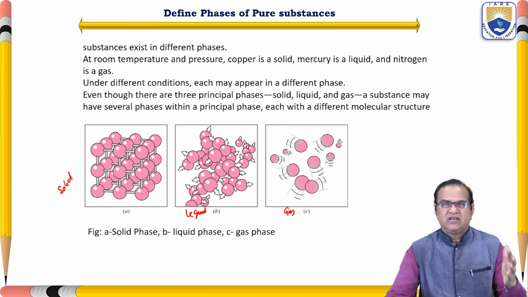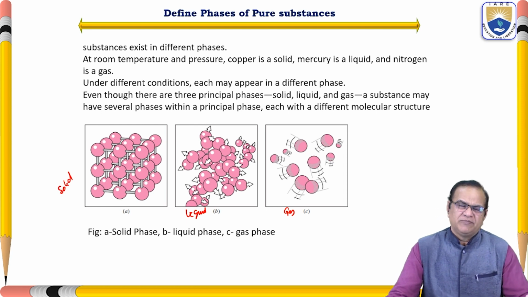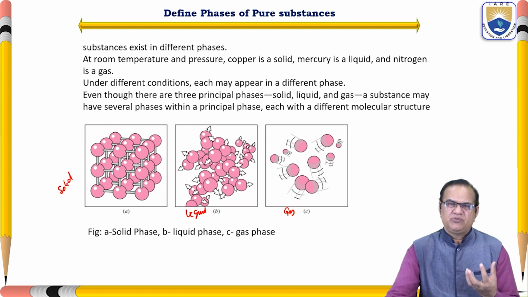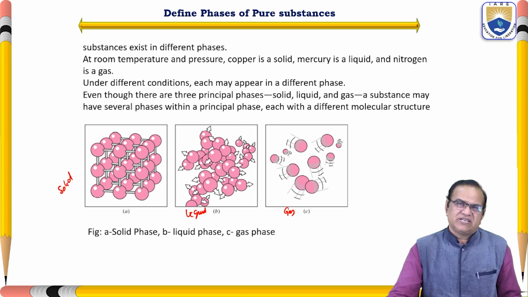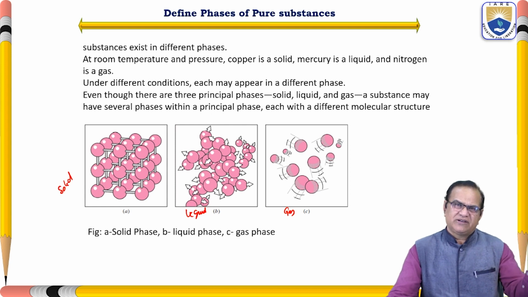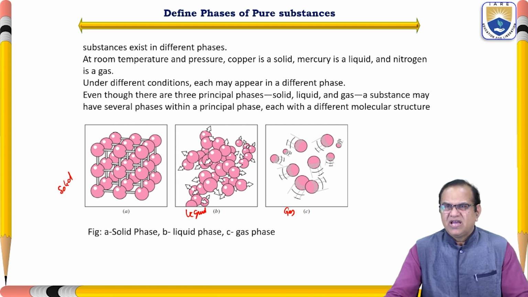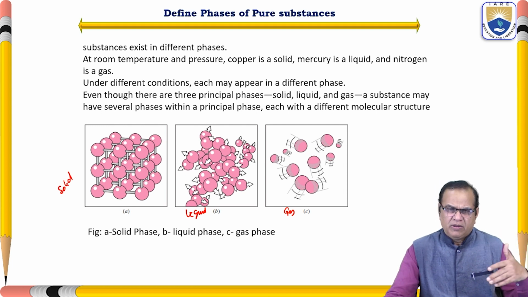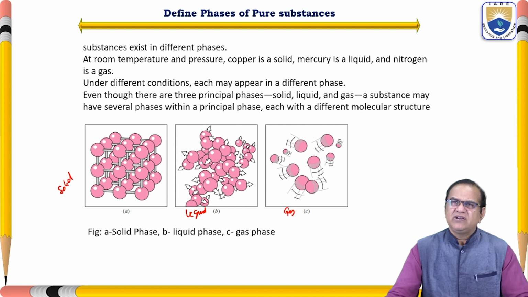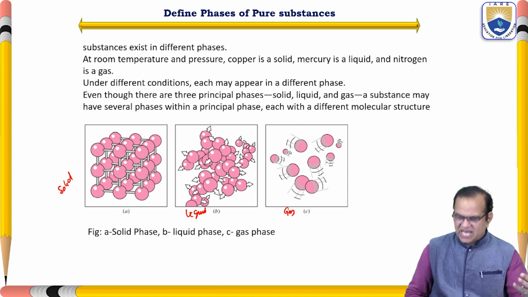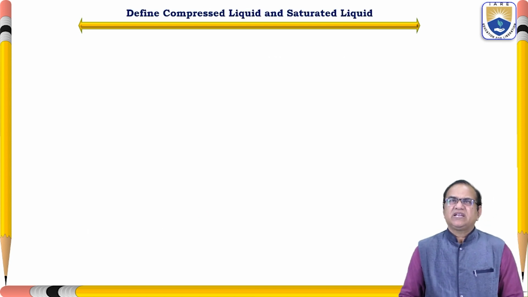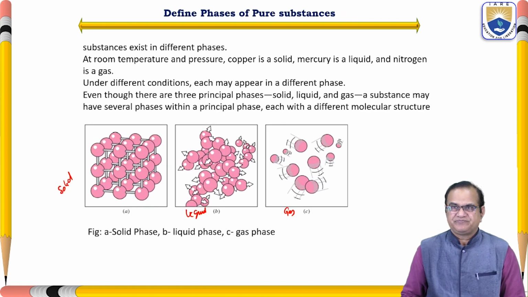So if you heat it, your solid may also become liquid. If you are heating the copper, initially it is a solid, but if you heat it at 1000 degrees or 1100 degrees, it will become liquid. And further, if you make it 3000 and so on, it will become gas. So as per the temperature and pressure, their configuration may change.